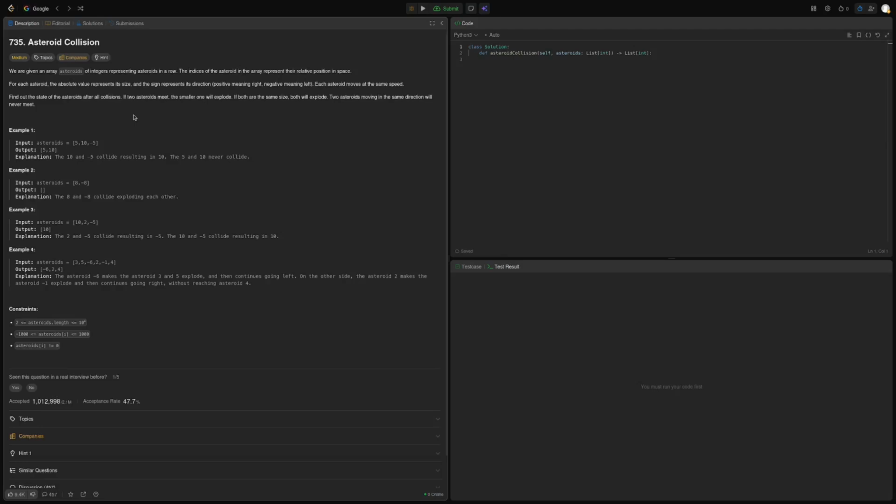Okay, so let's say we have an asteroid moving to the right. Now what happens to it? Well, we go to the right, and let's say we meet someone larger who is going in the same direction. Well, that does nothing to us.